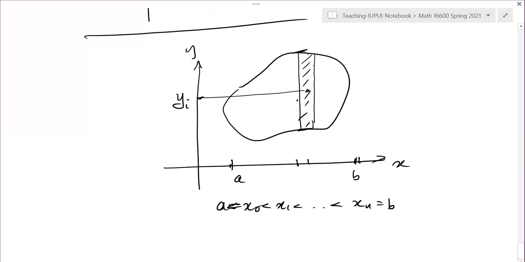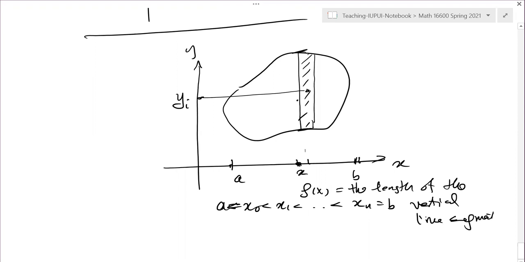As a density function, if you collapse to here, this is a density function at the point x. So this is going to be the length of the vertical line segment at x.